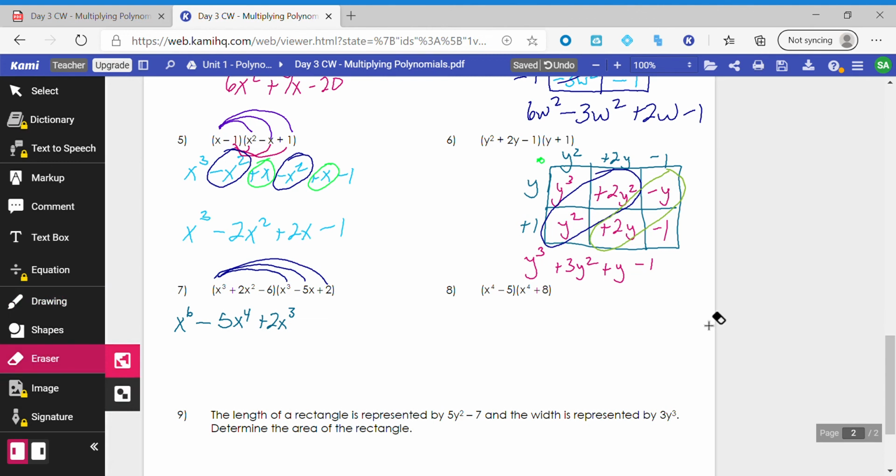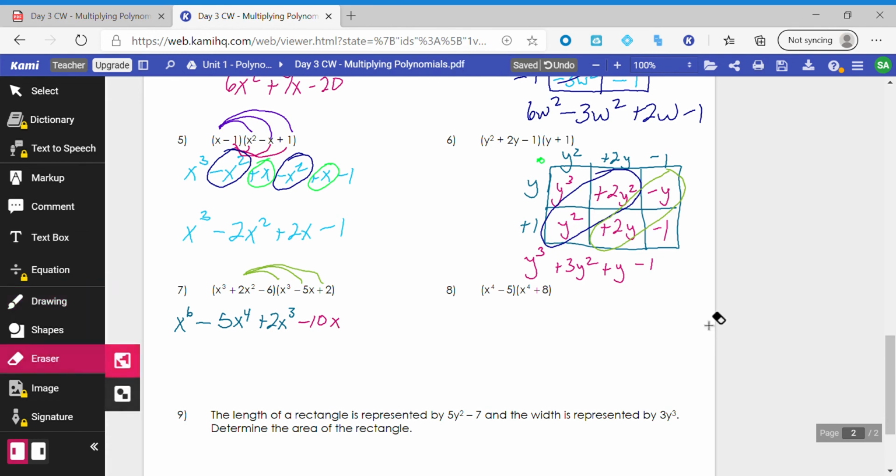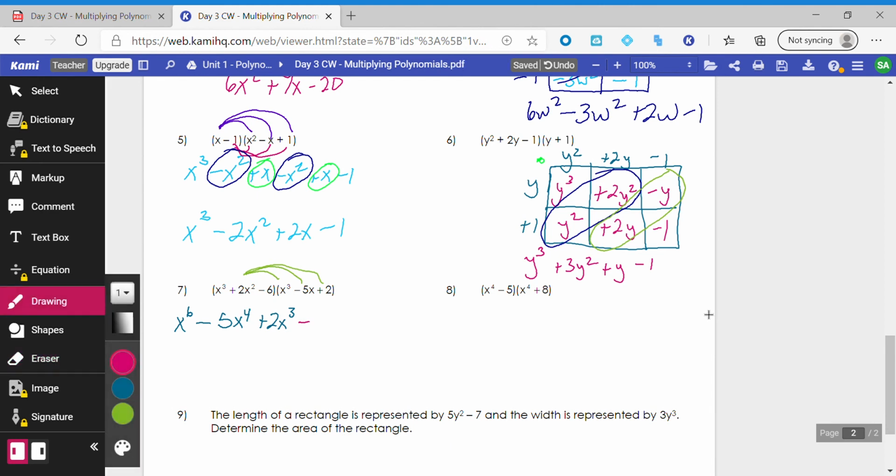So the 2x squared times the x cubed, times the negative 5x, times the 2. Wrong one, got ahead of myself there. 2x squared times x cubed, plus 2x to the 5th.